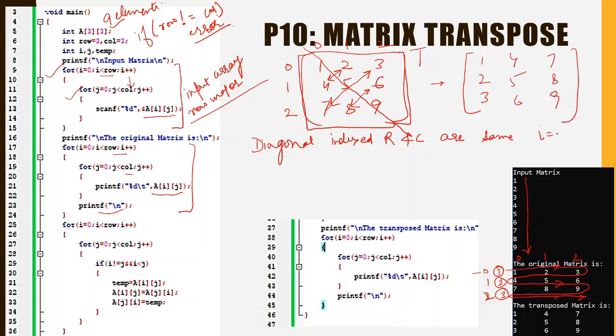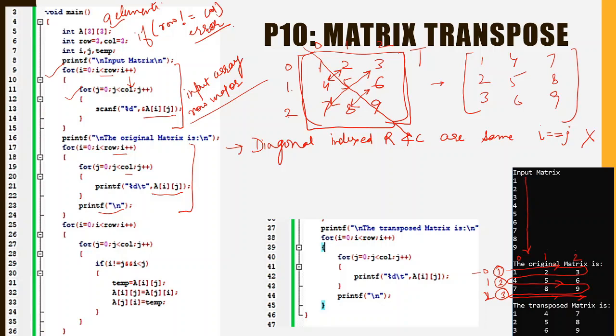So i equals j for diagonals. Because you can see that 0,0 is 1, 1,1 is 5, and 2,2 is 9. So whenever i equals j, this is the diagonal, so we don't have to interchange. No interchange is required in this condition. So this is the first condition that we need to understand to do the matrix transpose.